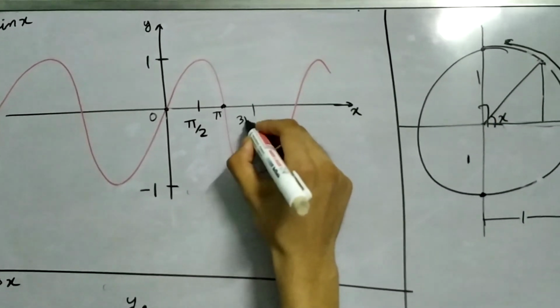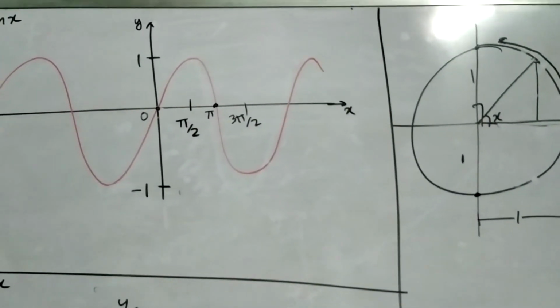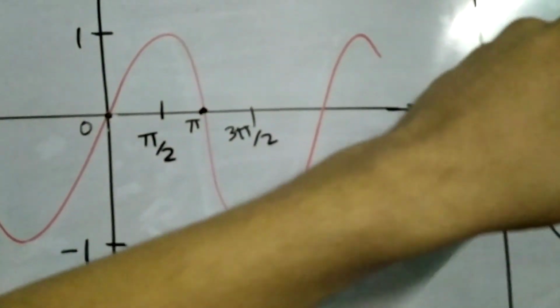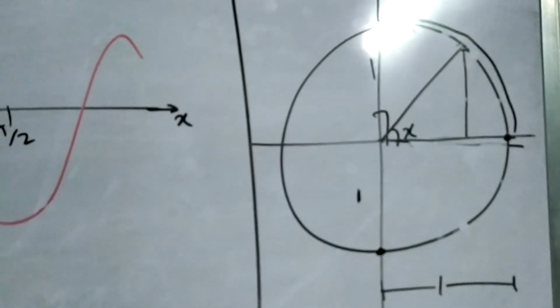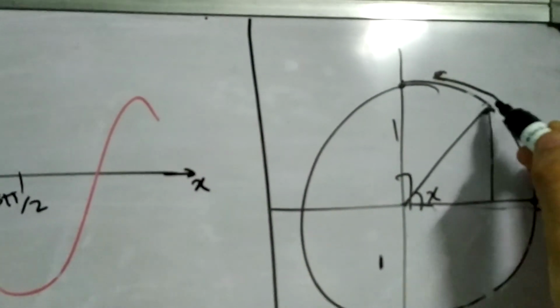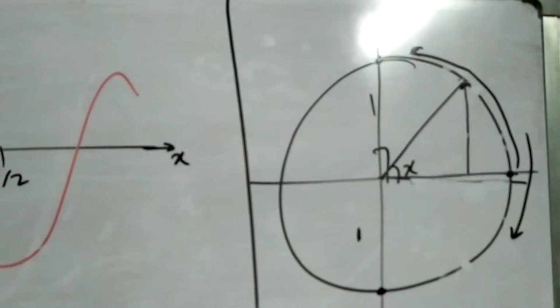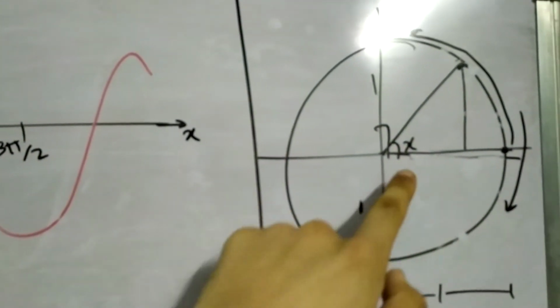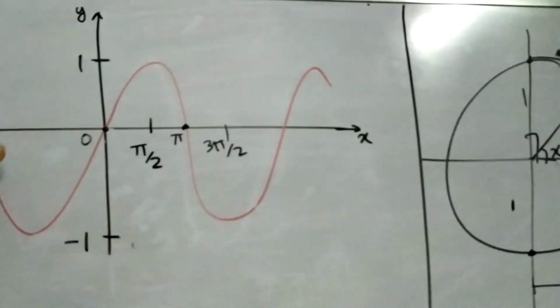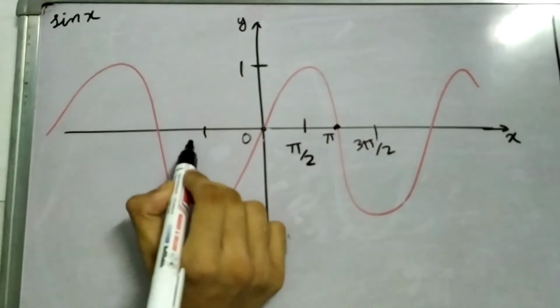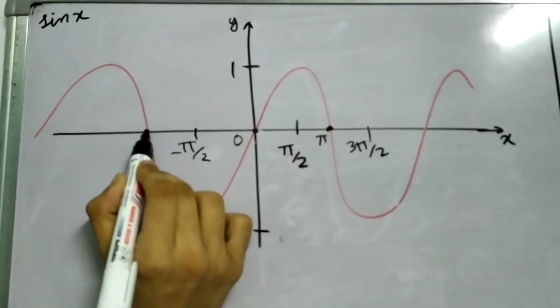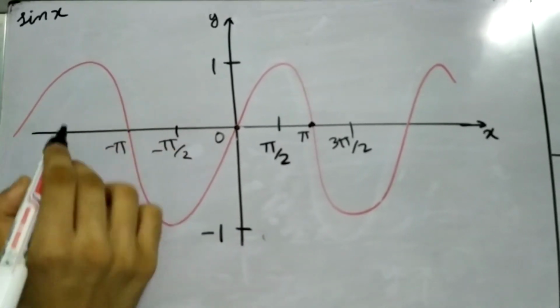So it's 3 pi by 2, and then you can move your point anti-clockwise also. Then you start getting negative values for your x, right? And this is minus pi by 2. This will be minus pi.